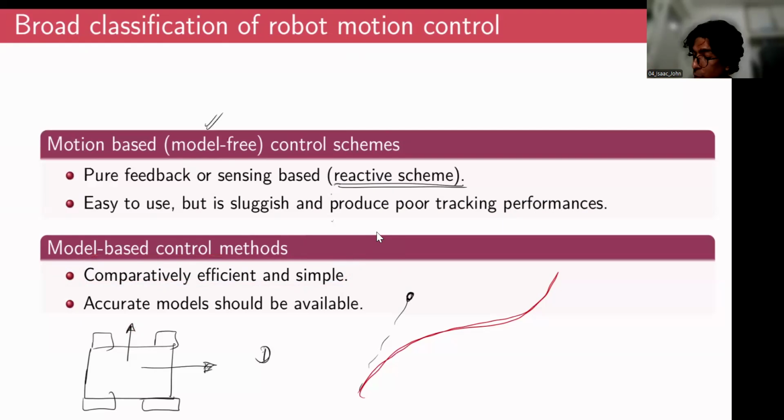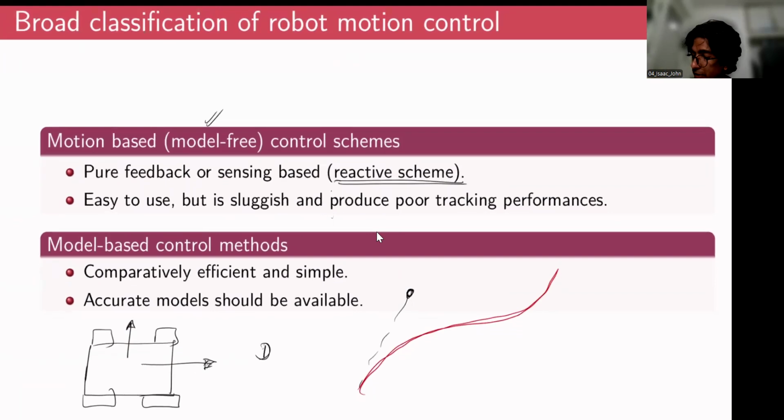But a drawback is that you need to have an accurate model of the robot, right? So maybe if your robot works in a very controlled environment, without any disturbances, and if you can accurately model the physics or the dynamics of a robot, maybe a pure model-based scheme can probably work.